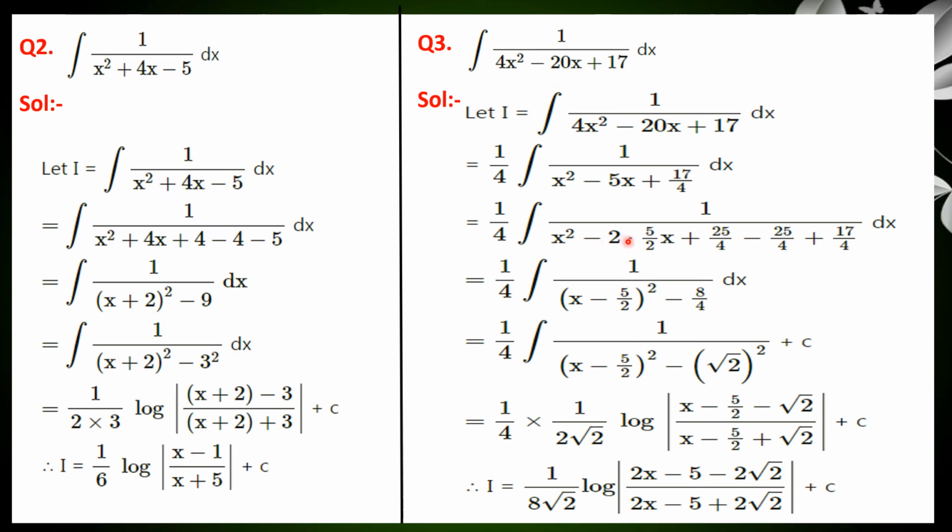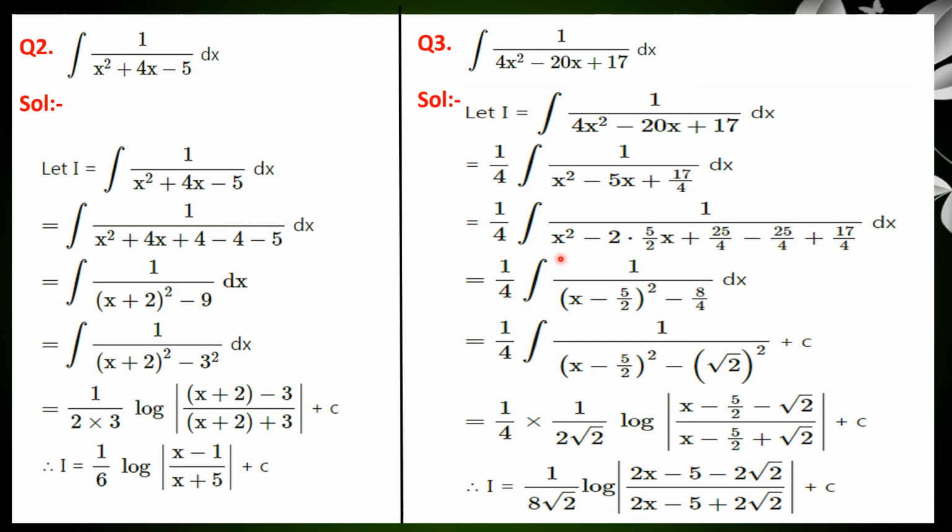So x square minus 5x, we write plus, what is the half of minus 5, that is minus 5 upon 2. So we will write the square of minus 5 upon 2, that is 25 upon 4, or you can directly write minus 5 upon 2 the whole square added and subtracted, and the last term is written last.